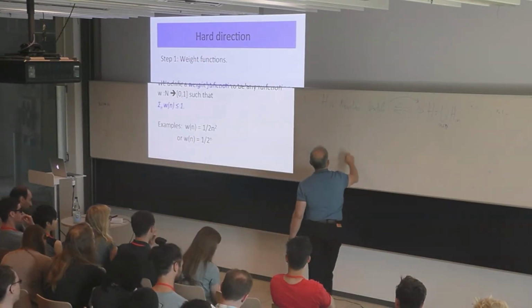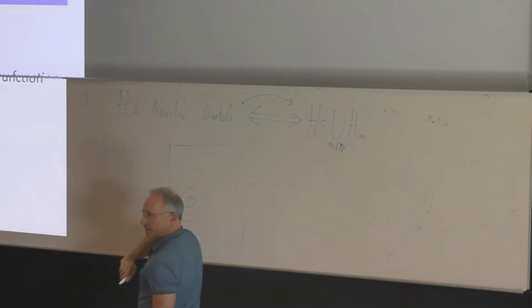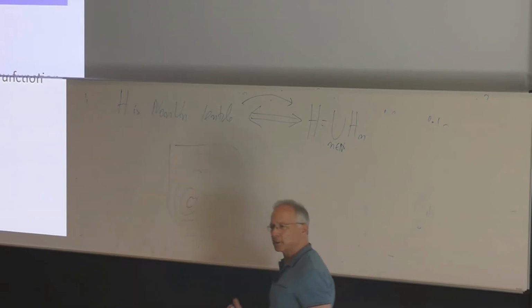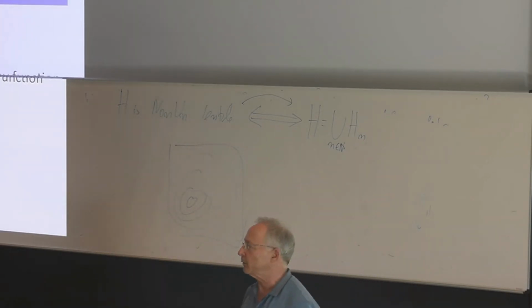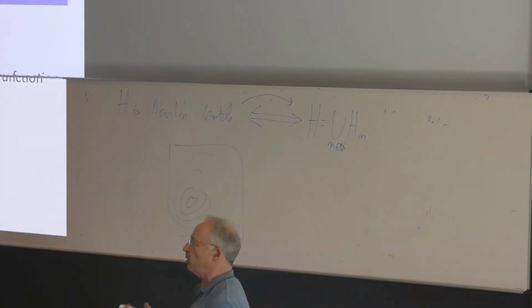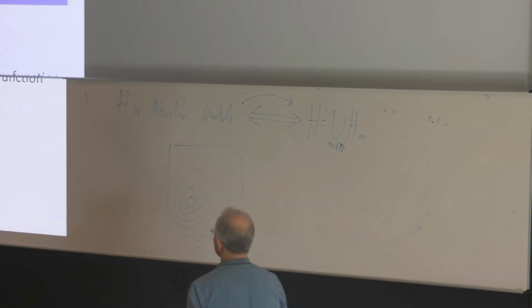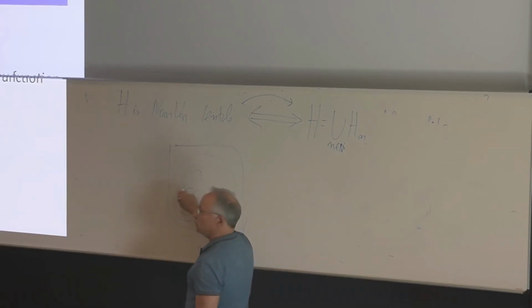So here is my class, and it looks like an onion. Those are the Hn's. And I want to tell you with these Wn's how much weight I assign to each of them. Or in other words, if you think of it from the point of view of prior knowledge, or Bayesian learning, maybe some of you have encountered Bayesian learning, it is how likely I think that the good hypothesis is going to sit in this class.